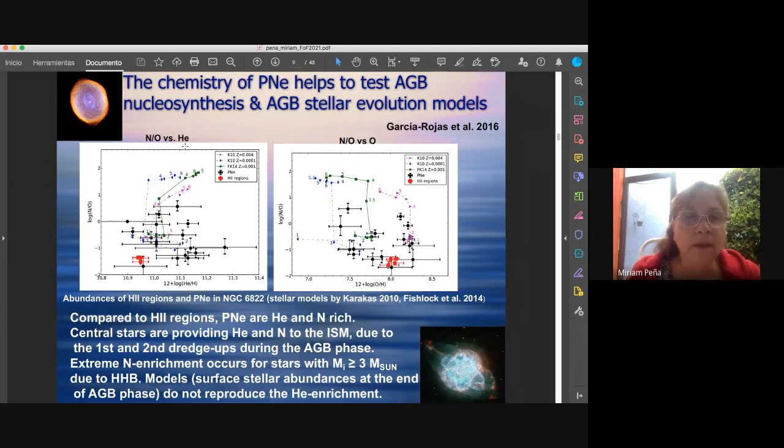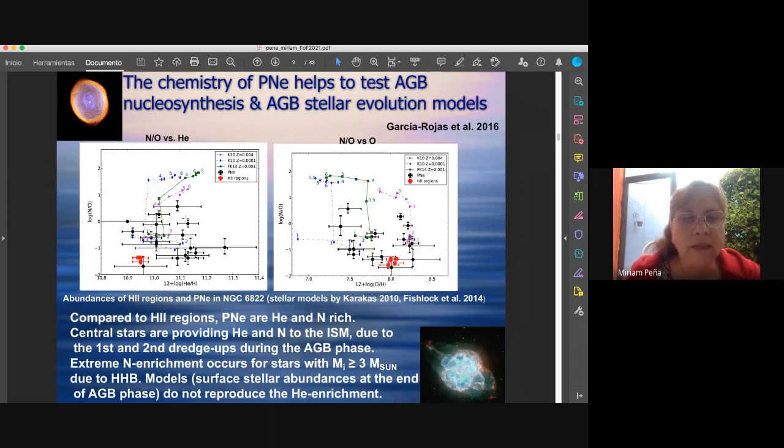These models were computed at different metallicities. The magenta, for instance, here is the metallicity of 0.004, and the others are lower metallicity. The numbers in these models are the initial masses of the stars.